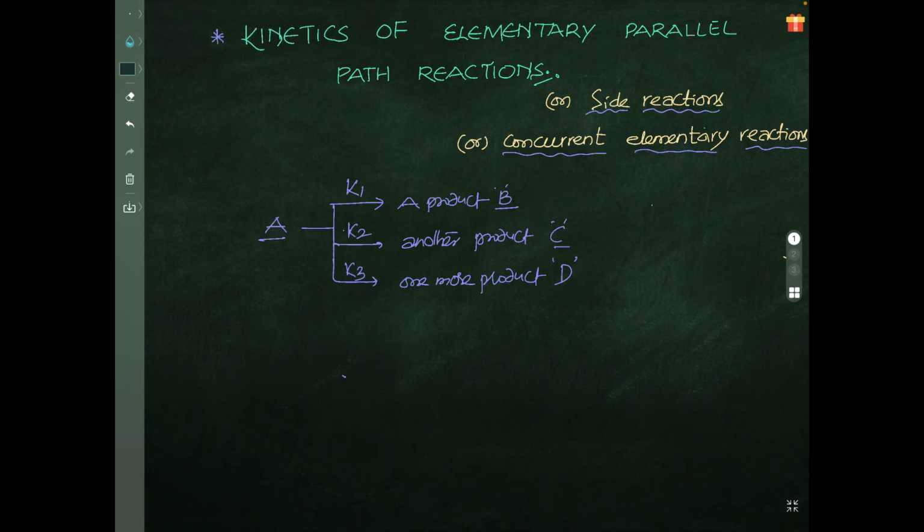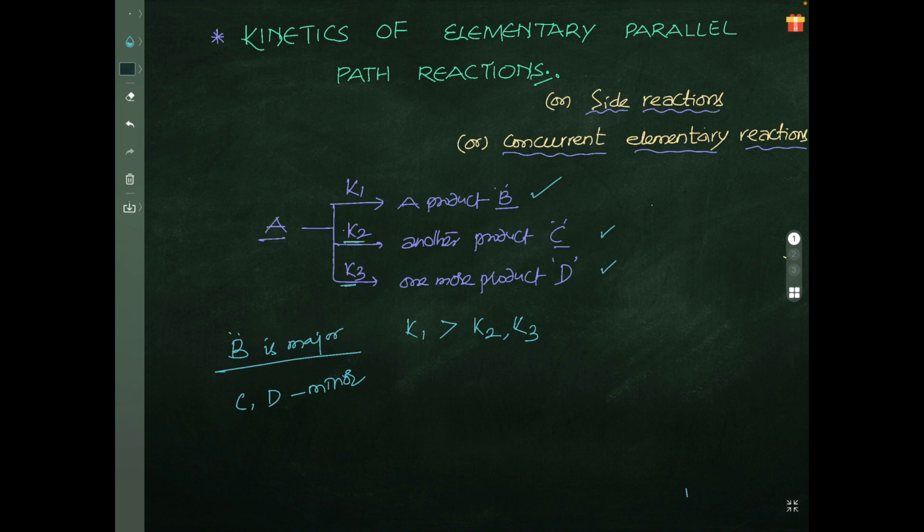Now, if B is the major product, then C and D are minor products. In that case, K1 is obviously greater than K2 and K3. If K1 is greater, then product B is major. If C is the major product, then K2 is greater than K1 and K3. If D is major, K3 is greater.